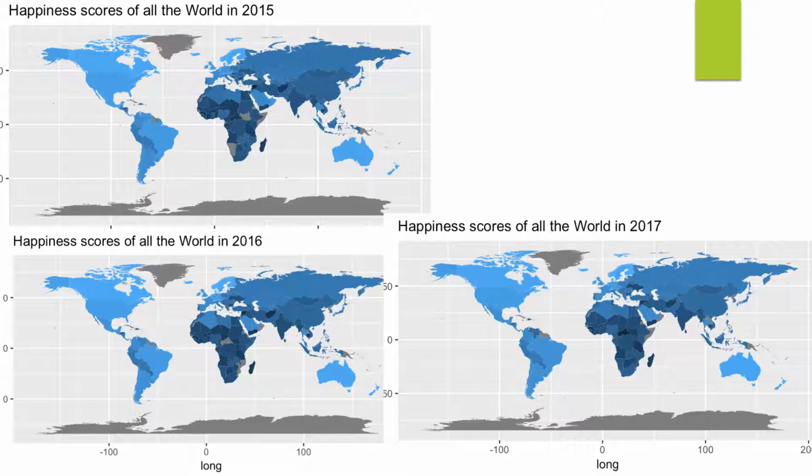Actually, it's hard to see how it changed by year, but it's very clear to see the highest happy scores are in South and North America, Western Europe, and Australia. The lowest happy scores are mostly in Africa.